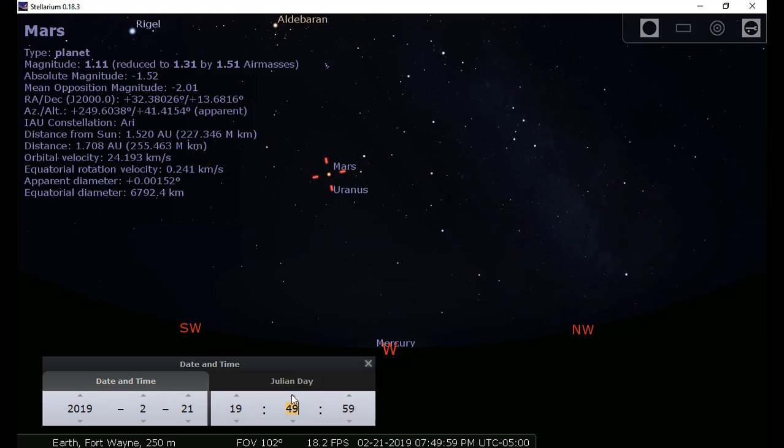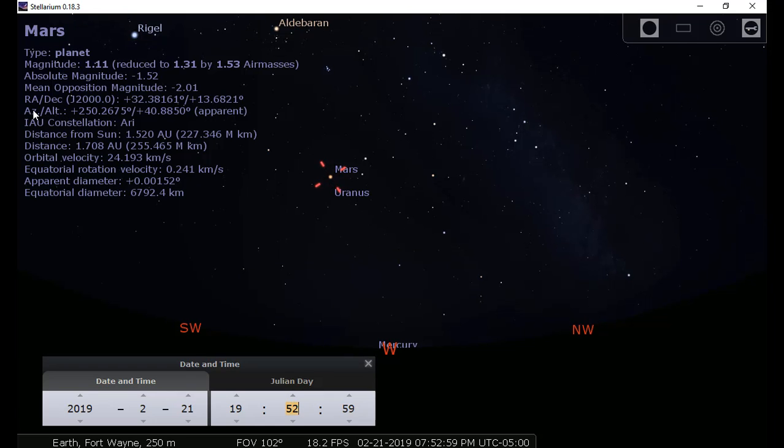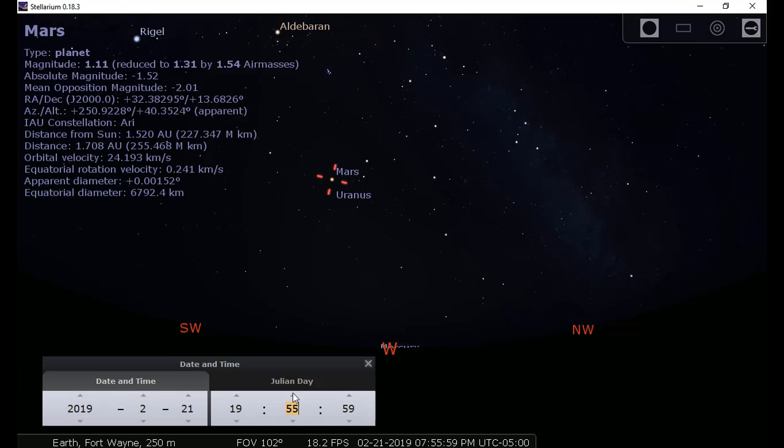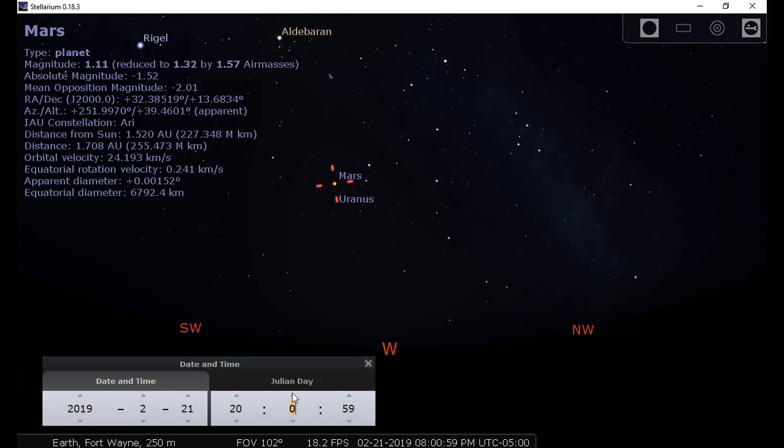And if you're looking closely at the altitude and azimuth numbers here, you could actually plot that minute by minute. But we're going kind of hour by hour in our data table because we don't need a minute by minute precision.